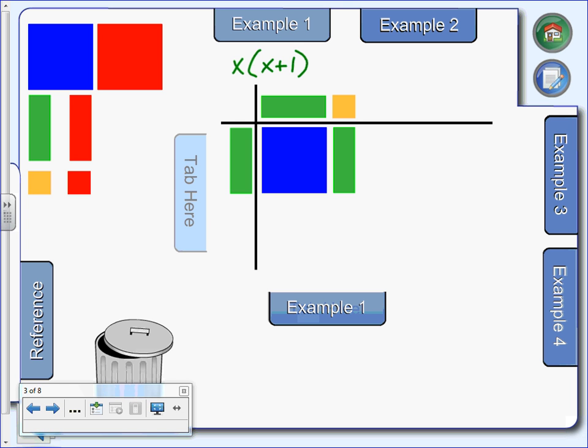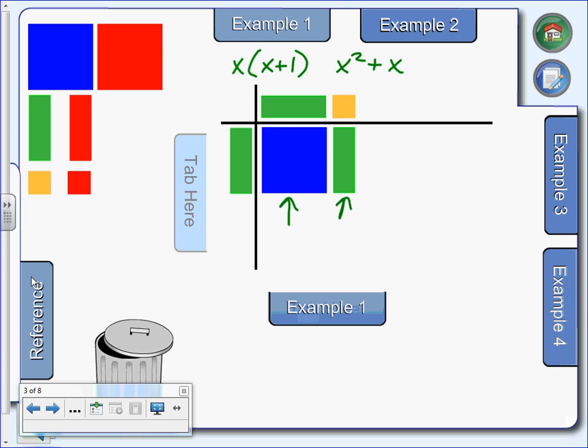And then this bar and this small tile create a rectangle. And so we would end up with an answer of x squared plus x. This is our x squared. This is our plus x. Okay? So let's go ahead and try another example.